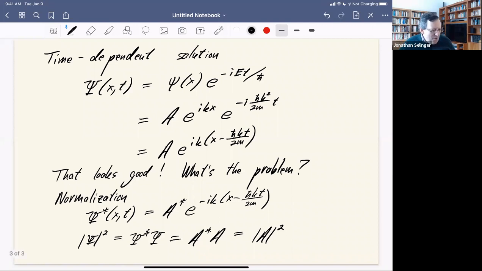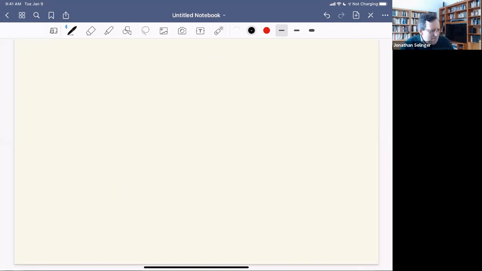So if we go to calculate the normalization integral, that's the integral from minus infinity to infinity of psi star times psi dx.